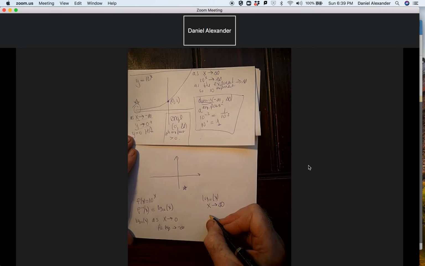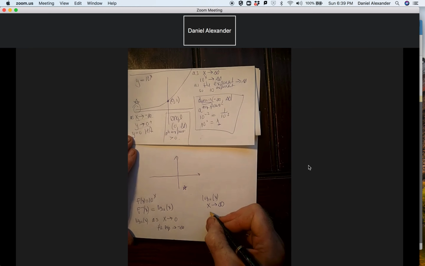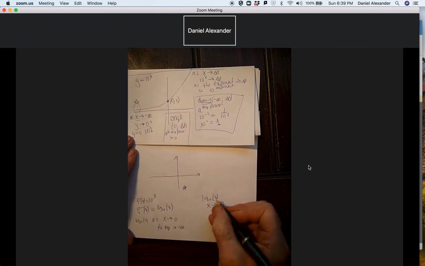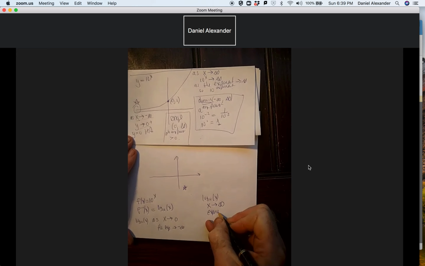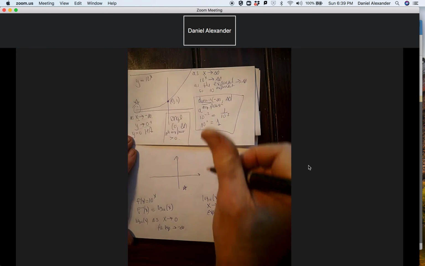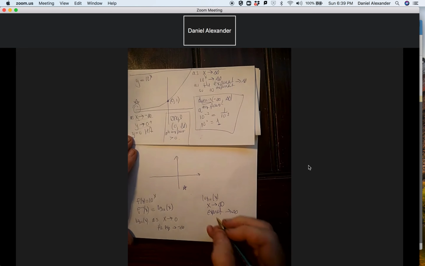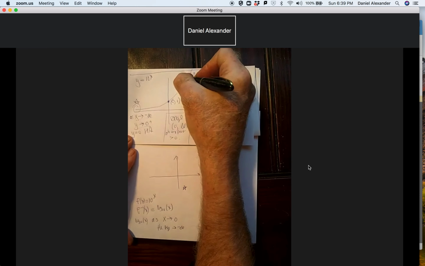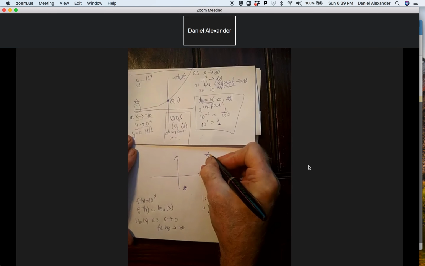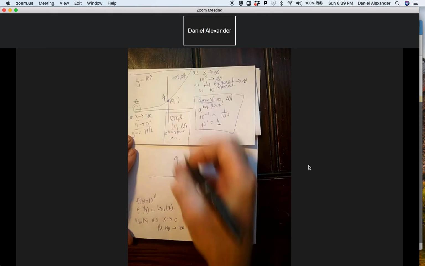So as whatever number we want the exponent for goes to infinity, the exponent is also going to go to infinity. So this point here, the double star, is going to be up here, and the graph is going to go like this. And then this point here is going to end up over here.